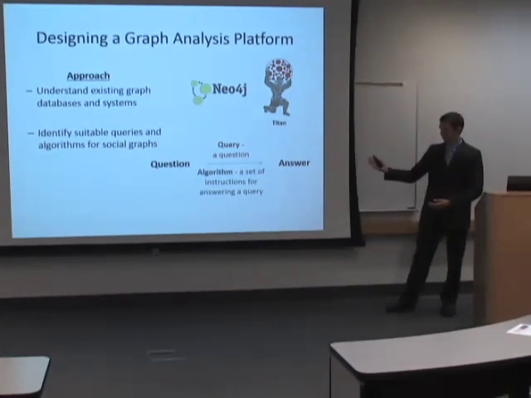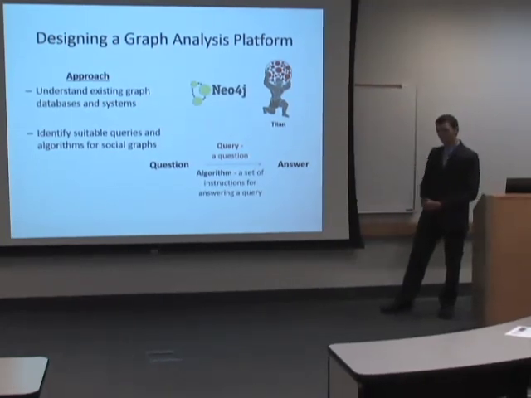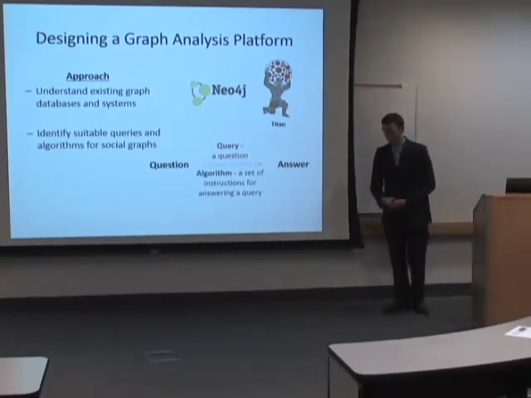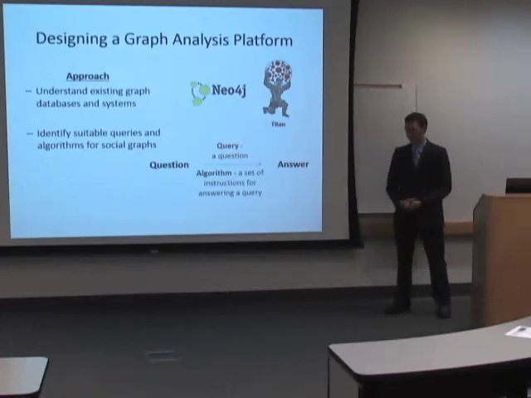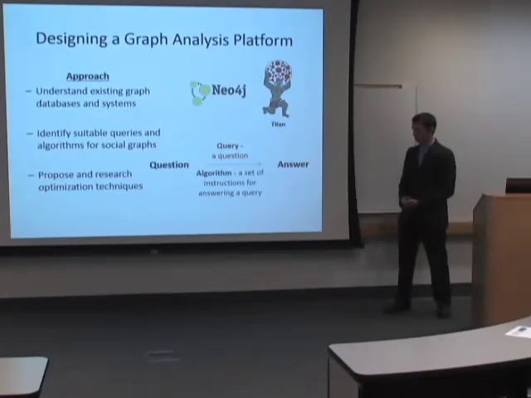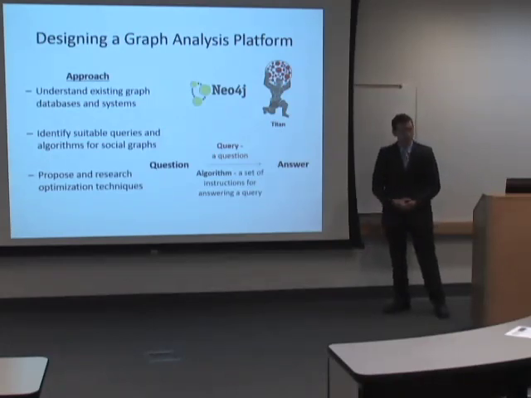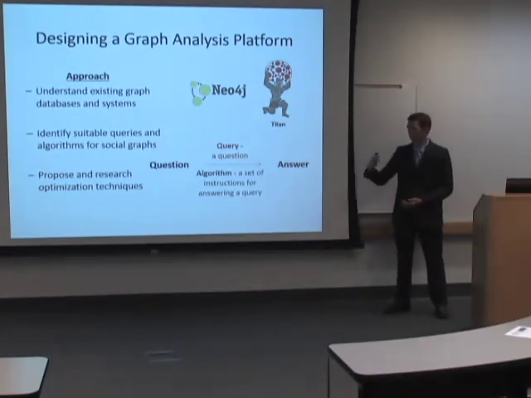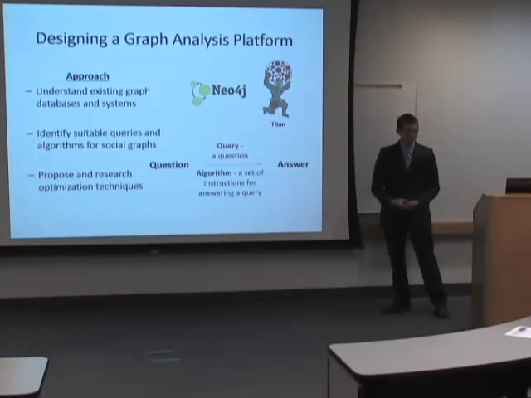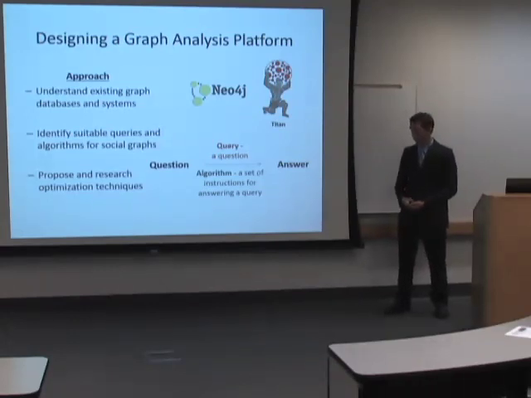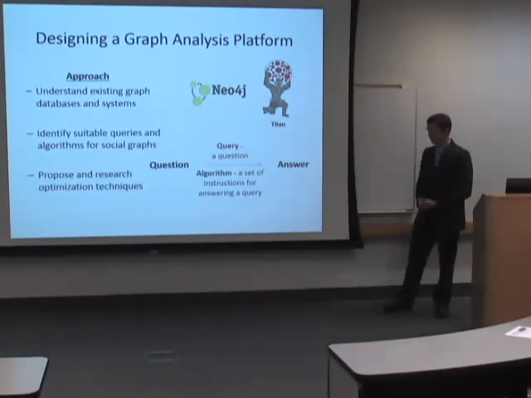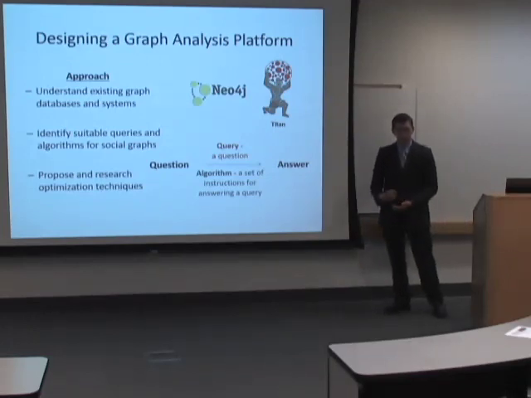The query being a question that we have of the network, and the algorithm being a set of instructions that the system does to answer your question. And we also want to propose and research optimization techniques both for the asking of the questions to make it intuitive and user-friendly, to be able to ask the question that you want, and also for speeding up the algorithms, making them quicker and more efficient.